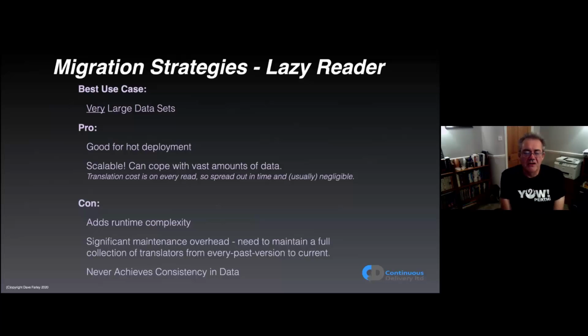We built a financial exchange, and the financial exchange processed 1.3 times the daily volume of Twitter in data. Most of the data is really dull and boring, but you have to keep it for 7 years. So we were generating, it wasn't quite this, but roughly a terabyte a week of data that we had to archive. You can't afford to go and rewrite a terabyte a week. It's just insane to even think about it. So you need a strategy like this.